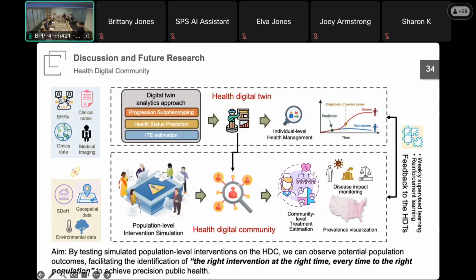Health digital community is a group of health digital twins, and we can try some population-level intervention. Imagine that we can simulate a policy to modify the social risk, or say social environments, in a specific community, and the patients live in this community. We can observe whether their outcomes would be better or worse than the original status. So this concept, health digital community, can advance precision public health.